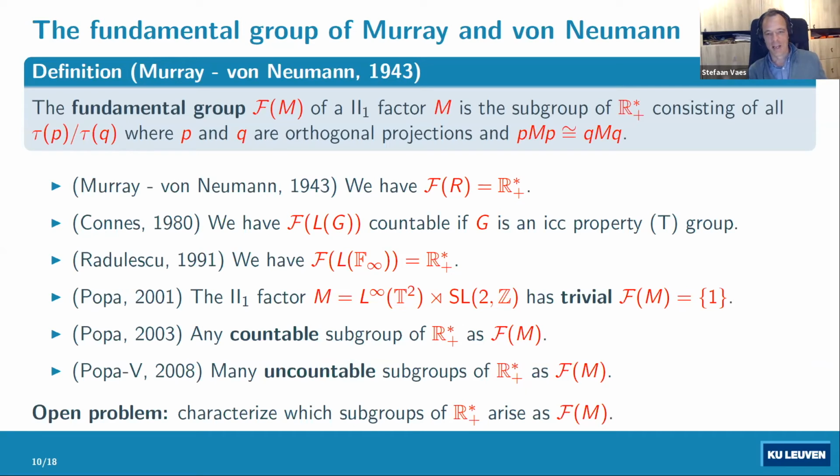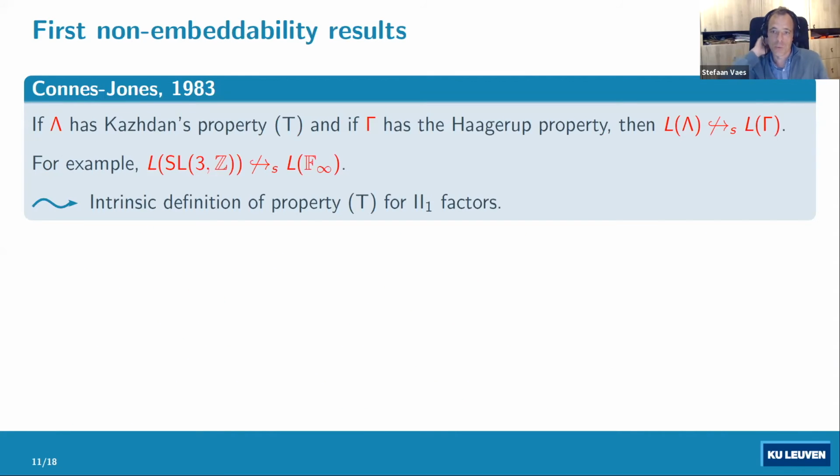Okay, let me now turn to a few more recent results that have to do with this possibility of which II_1 factor can be embedded in which other II_1 factor. And before explaining the situation here on the slide, I already mentioned very early on in the talk that something non-amenable cannot be embedded into something amenable.